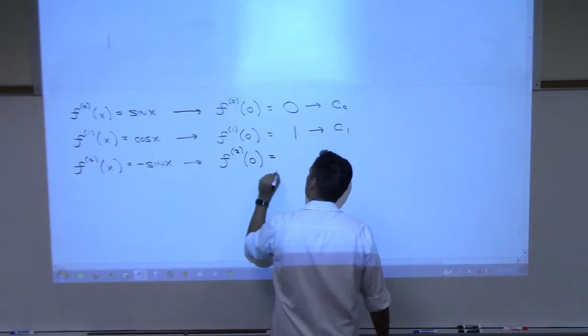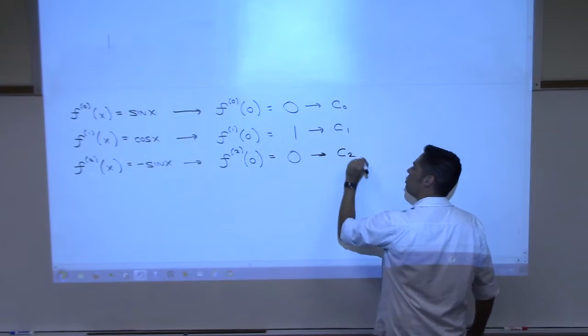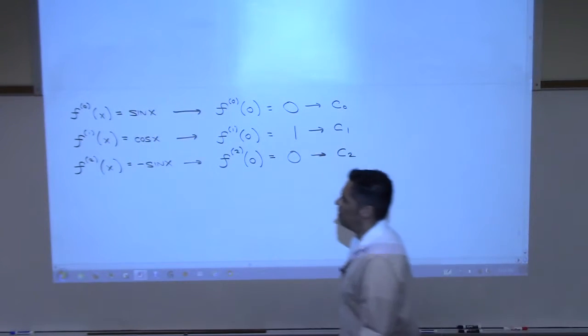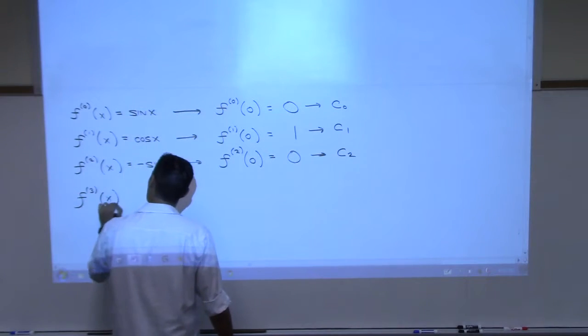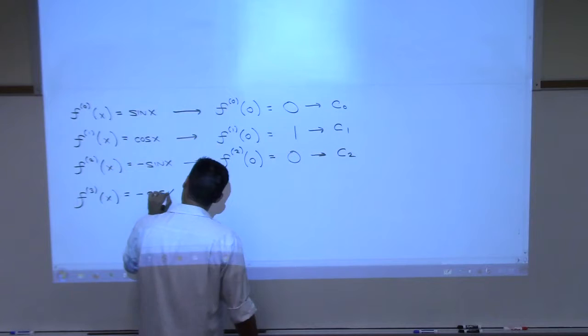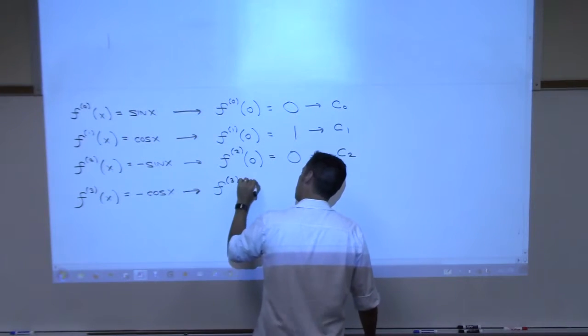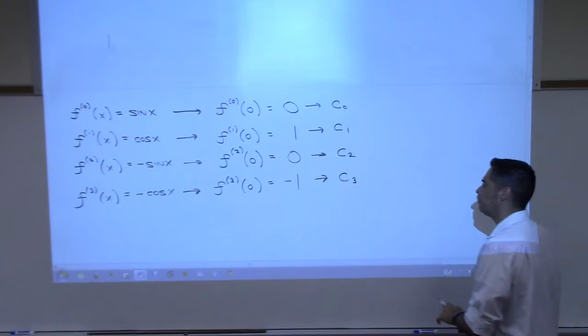Because when I plug 0 into that, I'm going to get 0. And that's going to be c sub 2. And then third derivative, negative cosine x. Plug in 0, and you get negative 1. That's my c sub 3.